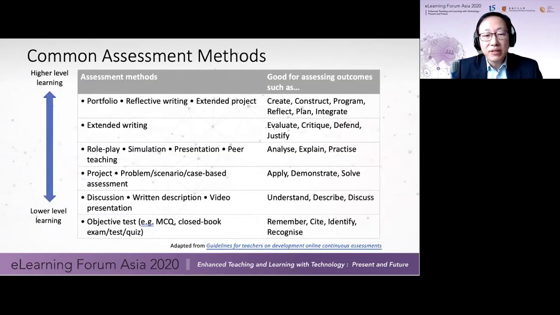Now, we put in a lot of effort debating and also deliberating on the use of different assessment methods. From the slide here, you can see the different assessment methods we can use, categorized by the level of learning or the different learning outcomes. At the bottom, we see objective tests such as exams, such as MCQ, most probably for testing remembering, citing, identifying, recognizing, versus at the top of the table, things like portfolio, reflective writing, and extended projects that are supposed to tap into the higher level outcomes such as creating, constructing, reflecting, planning, and integrating.